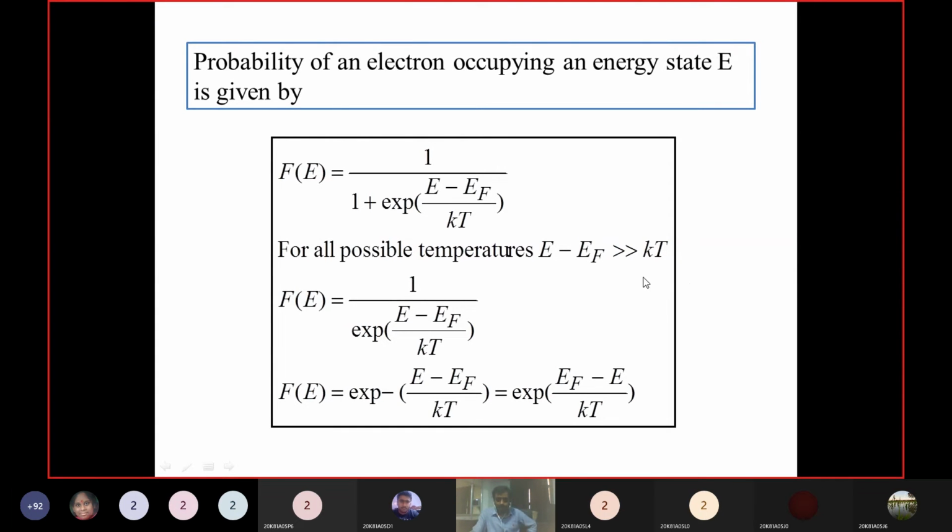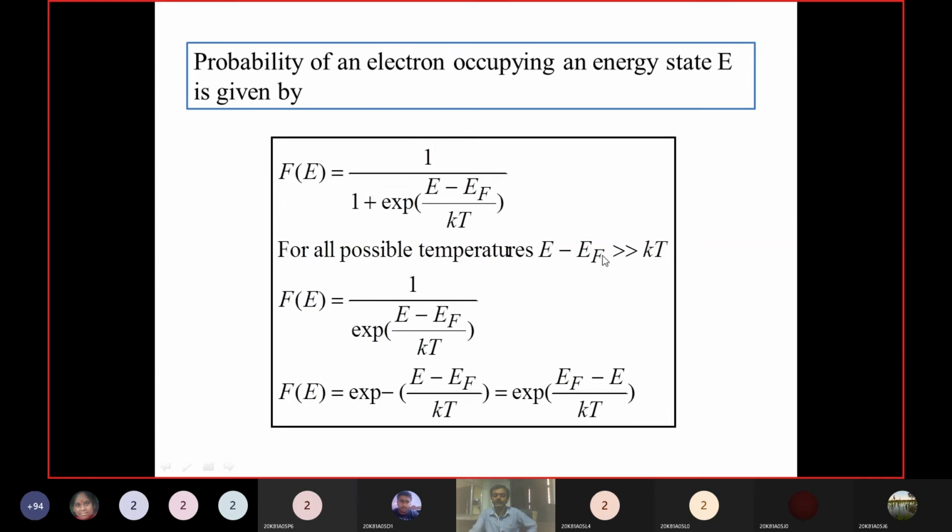Now we will simplify this equation. E is the energy of the electron, and EF is the Fermi energy. The difference between these two is very high compared to the thermal energy.